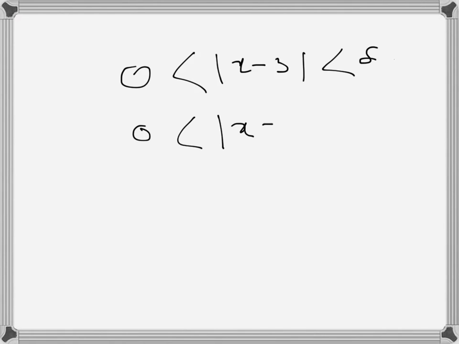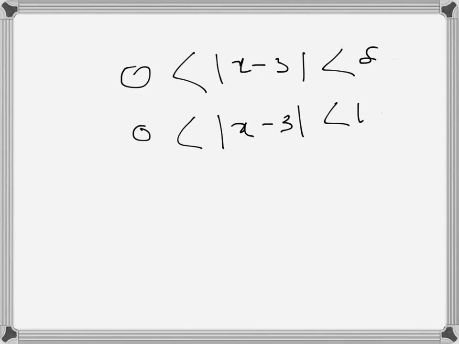So if we go here, this is x minus 3, so the maximum value of delta is 1, so it has to be less than or equal to 1.